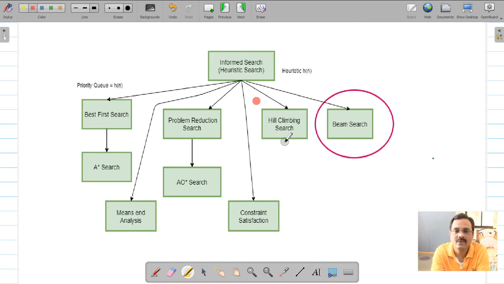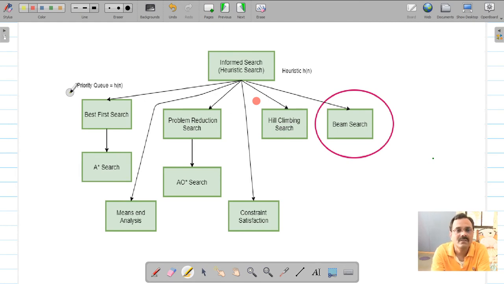Again that is explored until you reach the goal. Because of that, since this algorithm cannot backtrack, it had problems like local maxima and ridge kind of region or flat kind of region, and it was not optimal.